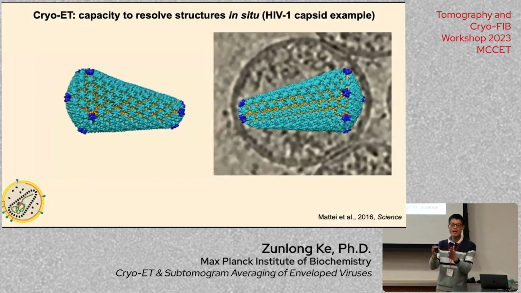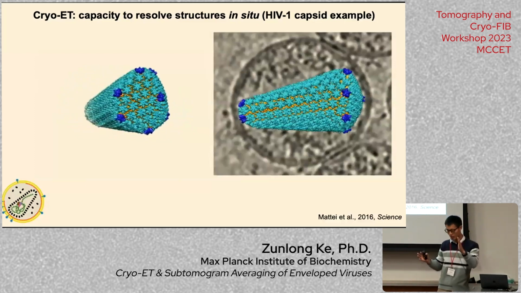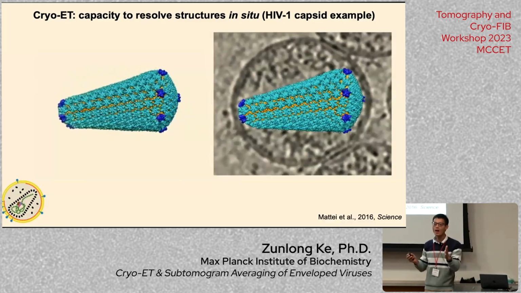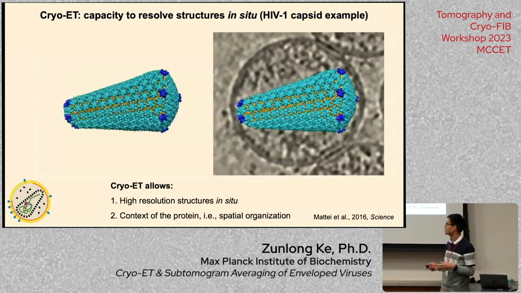When I say I put things back, I mean you can put each hexamer or pentamer back to where it came from, its orientation, position, and how they interact with each other. That, from my point of view, is the beauty of Cryo-ET, that you simply cannot get from other methods: we can obtain the context of protein spatial organization, the lattice.